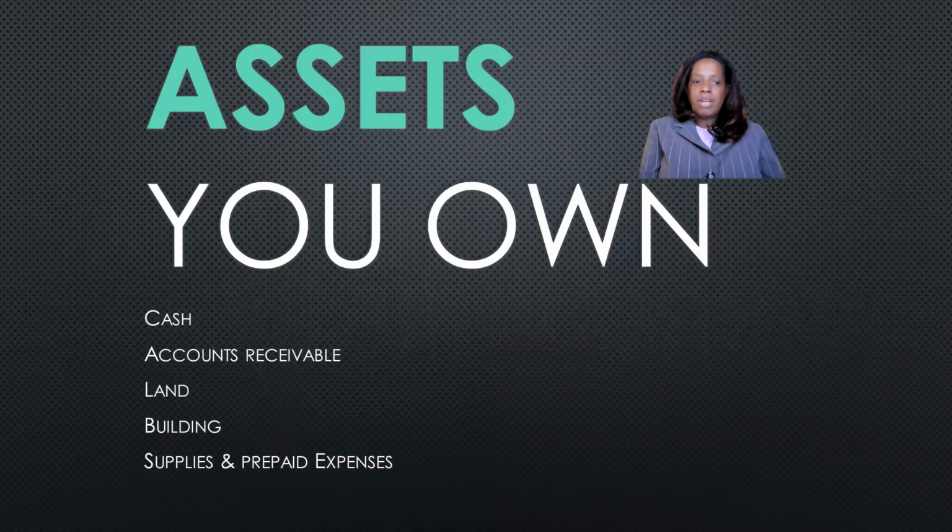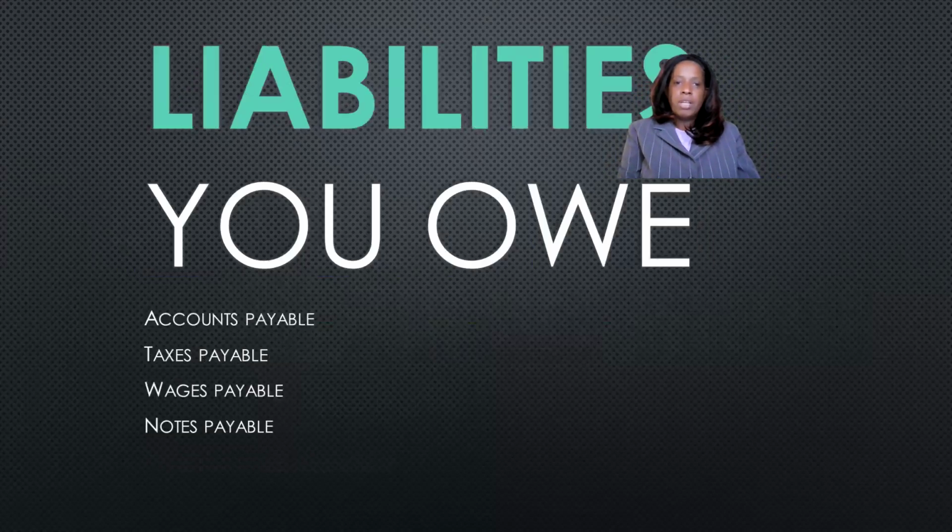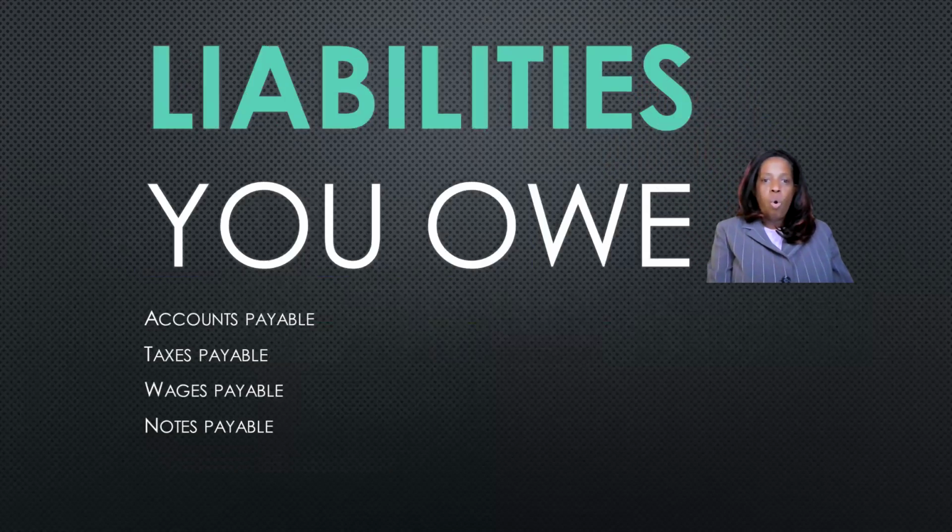Other examples are supplies and prepaid expenses, land and building. Now let's look at liabilities. Liabilities are what the company owes. They are the rights of the creditors and the debts of the business.